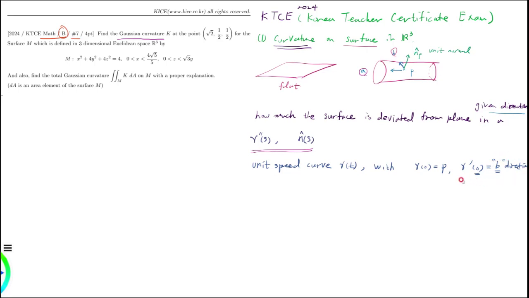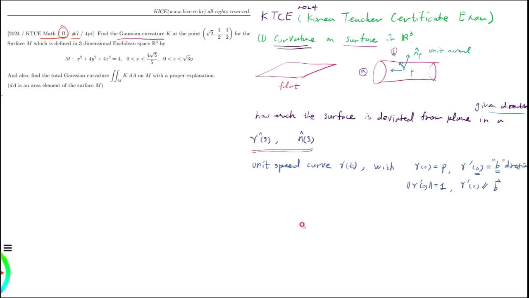Okay, so its tangent vector should be parallel with the B vector, and its length should be 1.